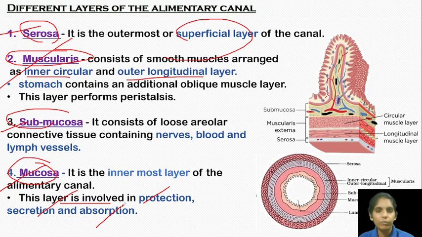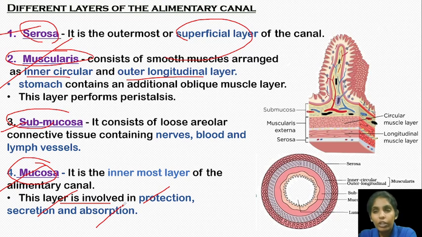And in secretion, different cells present in the inner lining of the alimentary canal will secrete different enzymes and different fluids into the alimentary canal, which will aid in the digestion of the food and absorption. All the nutrients that we get from the digested food will be absorbed into the cells present in the inner lining of the alimentary canal, and from those cells they will enter into the blood circulation.